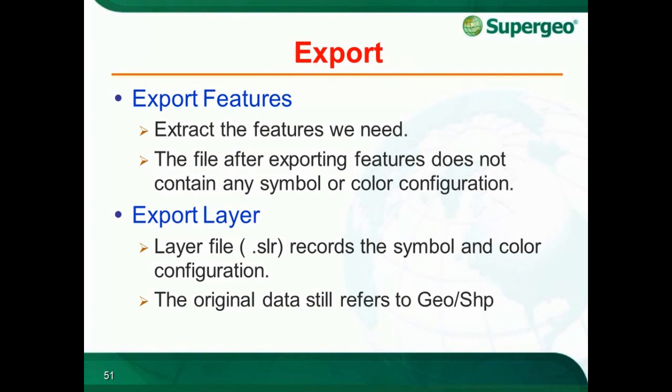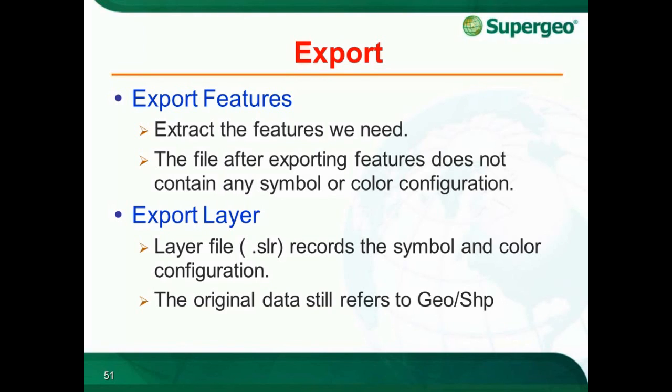Then, let's talk about export. Sometimes the layer data may be too big, but you only need part of it. In this case, you can choose to output the features from the layer by the export function. To export the GIS data, here we have export to features and export to layer.